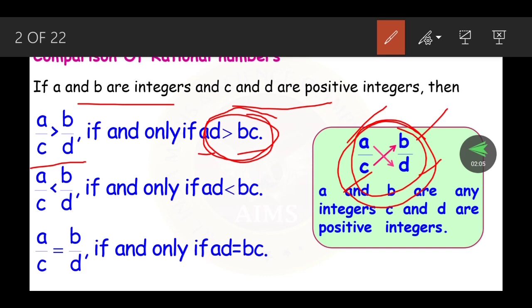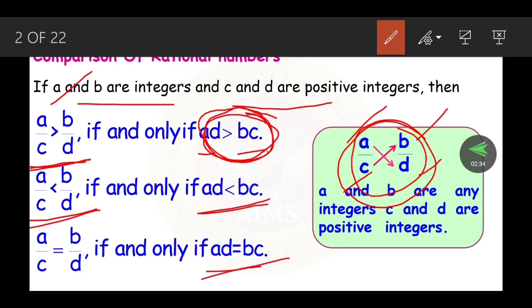In that case, if we cross multiply to get ad and bc, then with the help of this comparison we can compare the given fractions. If ad is greater than bc, then a by c will be greater than b by d. Very simple. If ad is less than bc, then a by c is less than b by d.